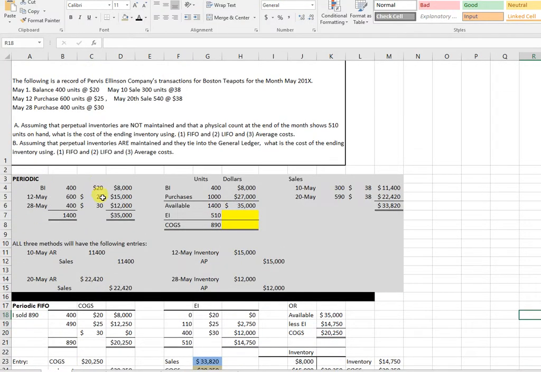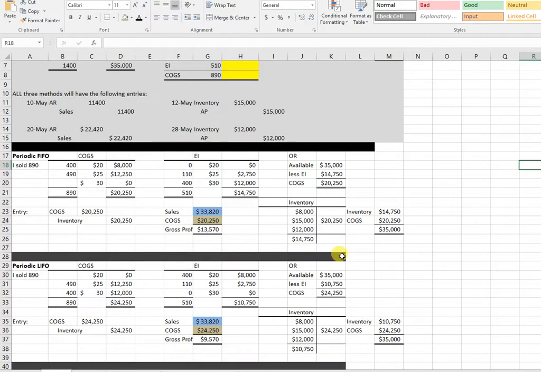It went from 20 to 25 to 30. So in periods of inflation, LIFO has the highest cost of goods sold. Why? Because it's the most expensive products that are sold. Since it has the highest cost of goods sold, it's going to have the lowest net income. So LIFO is what is often used for tax purposes.